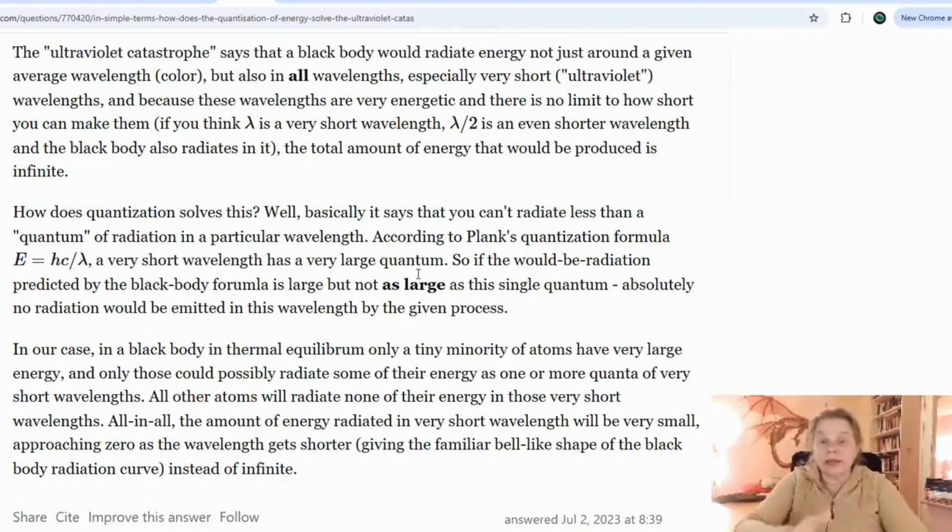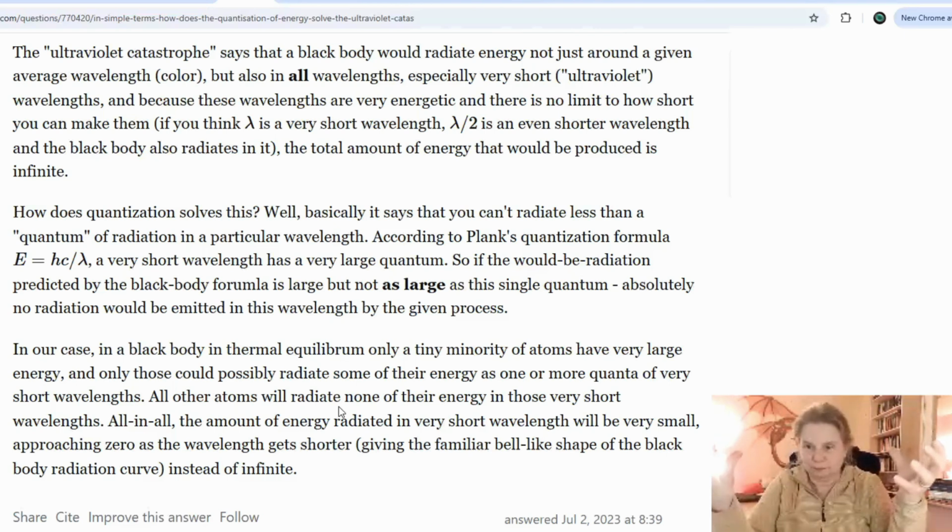So in our case, in a black body in thermal equilibrium, only a tiny minority of the atoms, or whatever it is that's got the energy, have very large energy. And only those could possibly radiate some of their energy as one or more quanta of very short wavelengths. All the other atoms will radiate zero of their energy at those short wavelengths. Zero, because they don't have enough energy to fill up, if you like, one whole quantum.